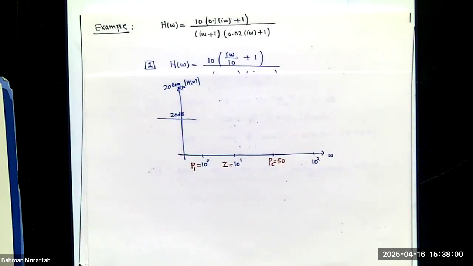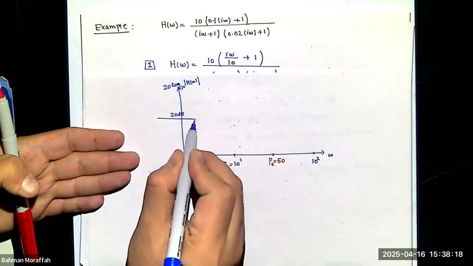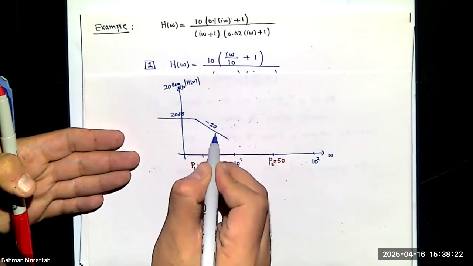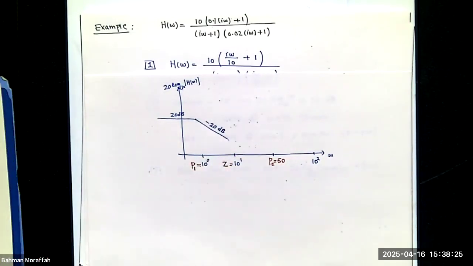Remember, I'm adding them. As soon as I hit this 10 to the power of 0, which is 1, which I know is a pole, what do I know? I know I'm going to go down by 20. So the slope here is going to be 20 down, and it's going to keep going down by 20 till I hit this 0.